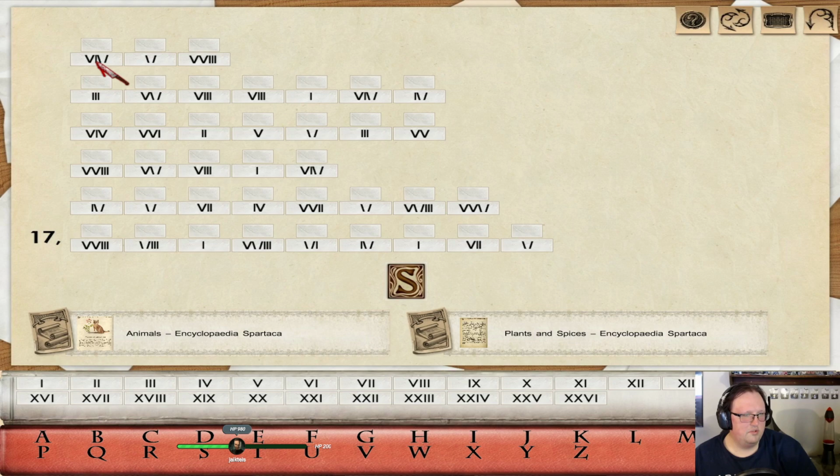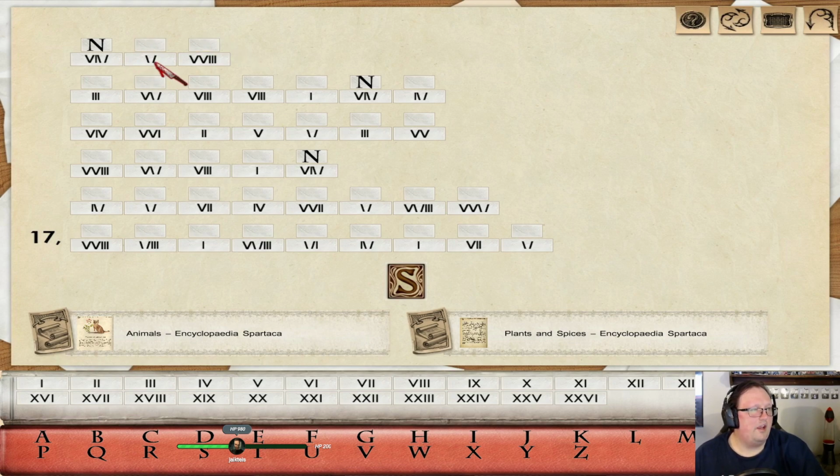Is that what this is supposed to be? But that's not... it's an X. XIV. XIV, which would be this, which would be N. So N. Haha! We have something.